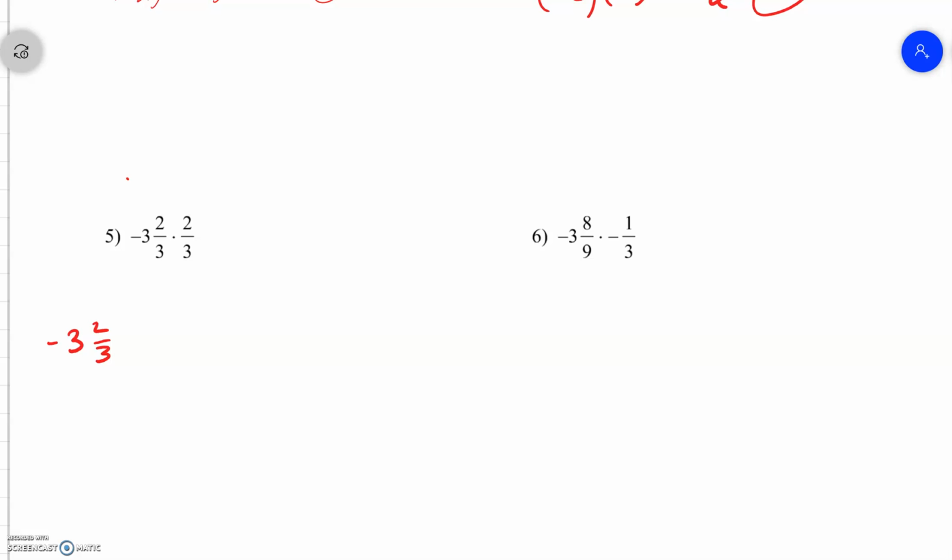So what you do when you rewrite a mixed number as an improper fraction, you multiply the denominator times the whole number, and then you're going to add that to the numerator. So 3 times 3 is 9, and then you add that to, we're still over 3, we saw that negative, so it would be negative 11 thirds. So now my problem is negative 11 thirds times 2 thirds.